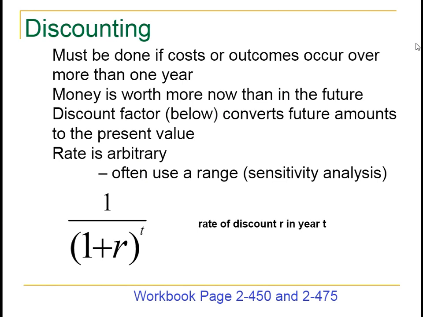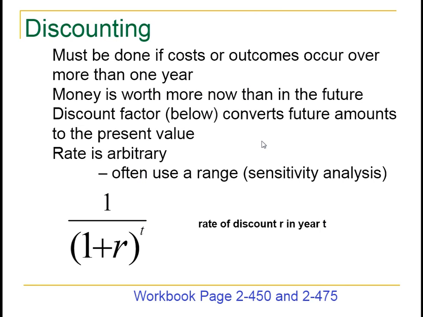Another piece that you have to do in economic analyses is discounting. This must be done if costs or outcomes occur over more than 1 year. You do this because money and outcomes are worth more now than in the future. You do it using a discount factor, which converts future amounts, either costs or outcomes, to the present value.